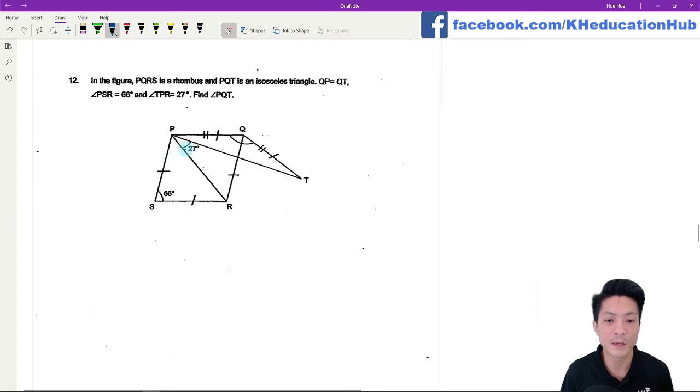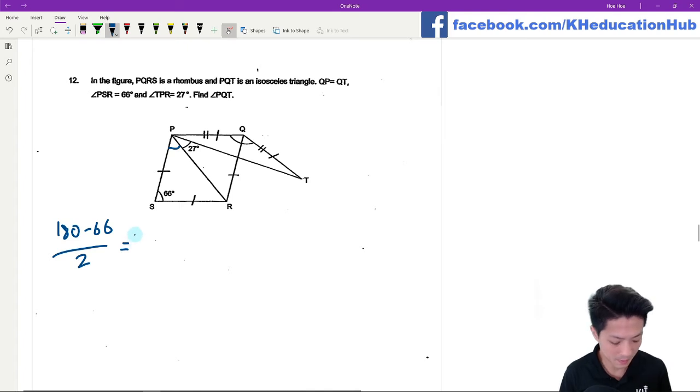Okay, the first thing we can find is this angle over here. Since PSR is an isosceles, which means that if I use 180 minus 66 and divide by 2, I'm going to get 57. This is 57.